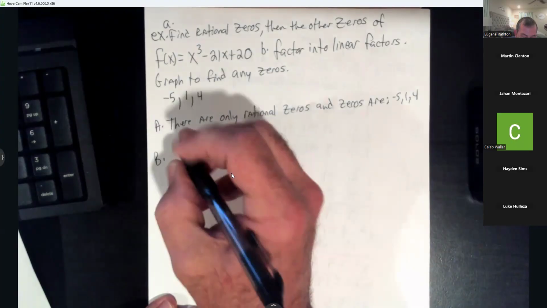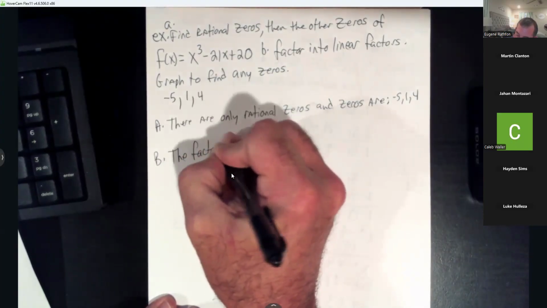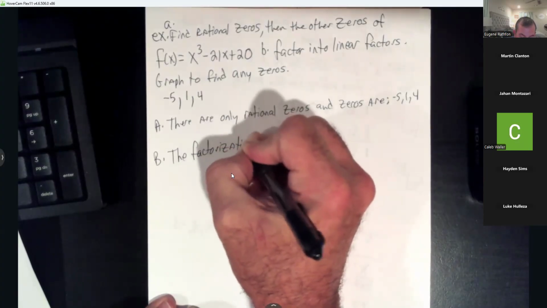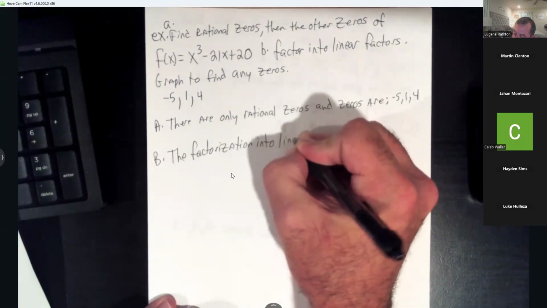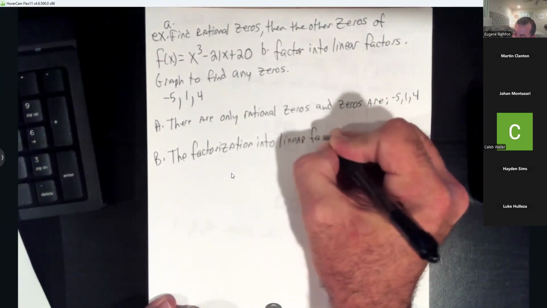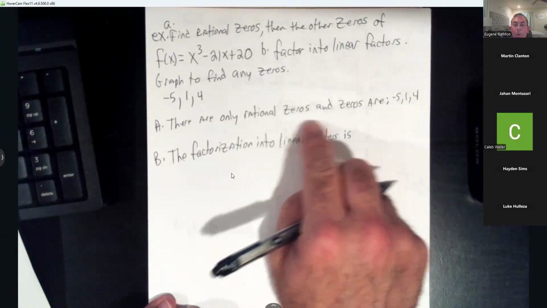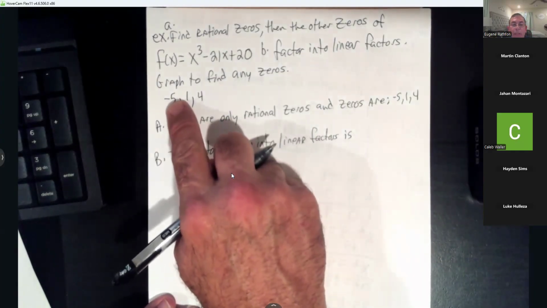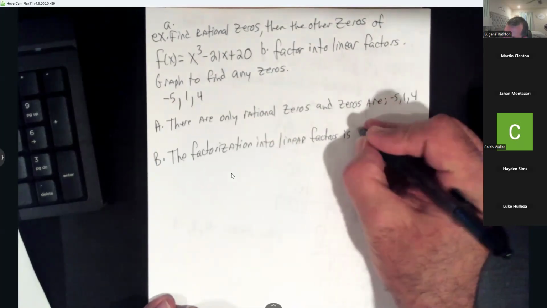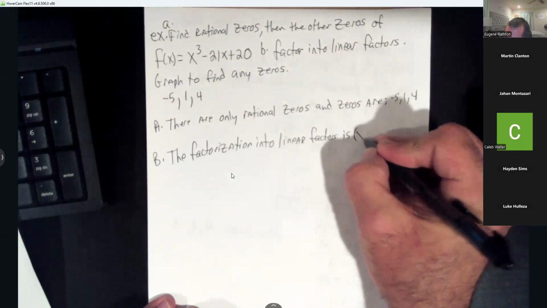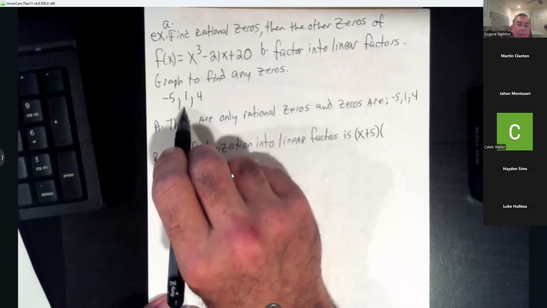And then B, the factorization into linear factors is, well, y'all, all we're going to do is put these in parentheses and change the sign. Remember, the factors always have opposite signs than the zeros.